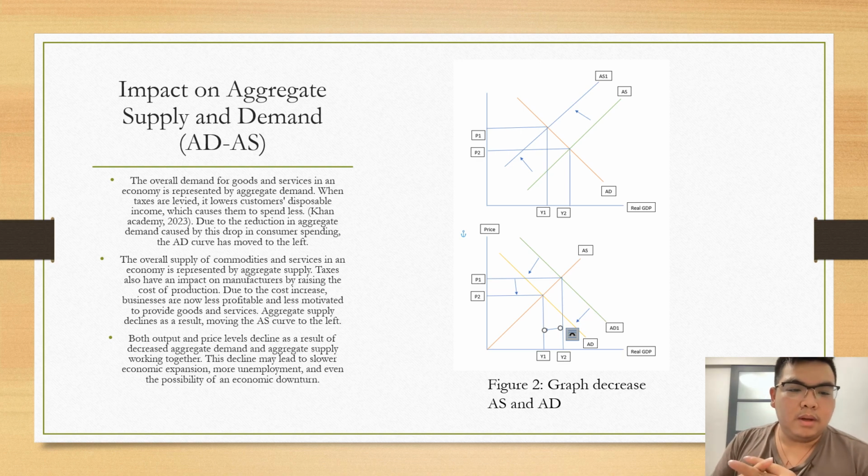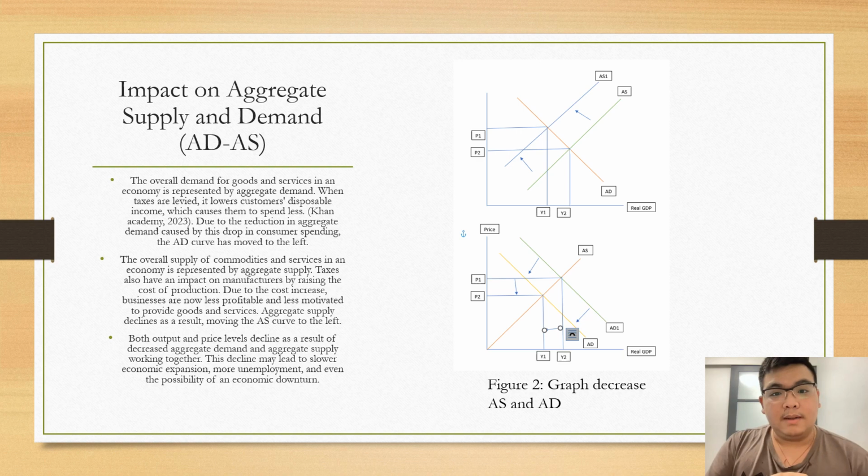Both output and the price level decline as a result of decreasing aggregate demand and aggregate supply working together. This decline will lead to slower economic expansion and increased unemployment rates, because everyone is making less money, so people are not being hired, and even the possibility of an economic downturn.